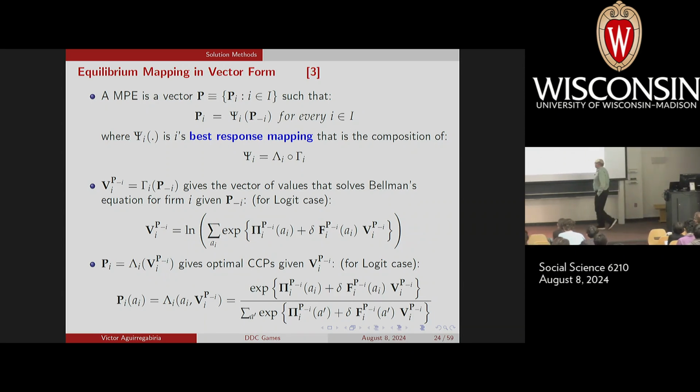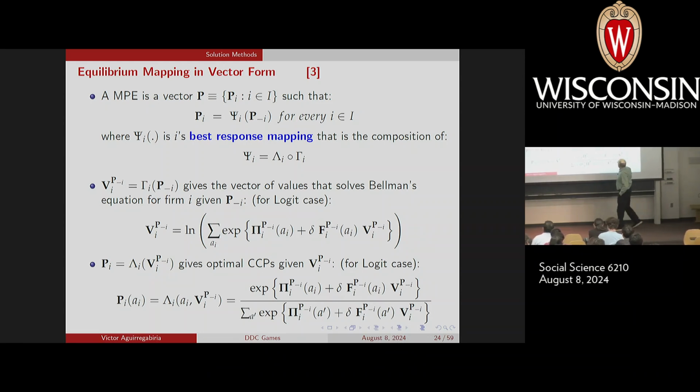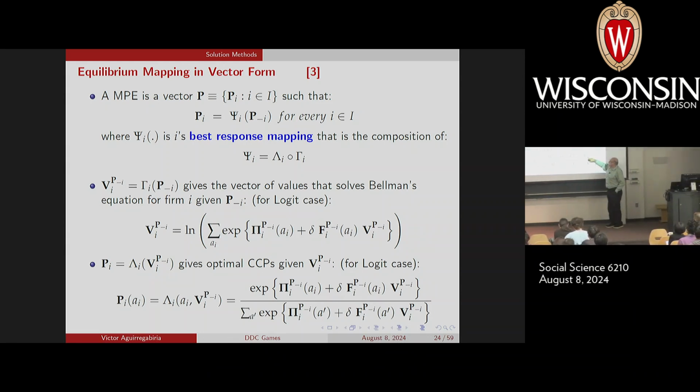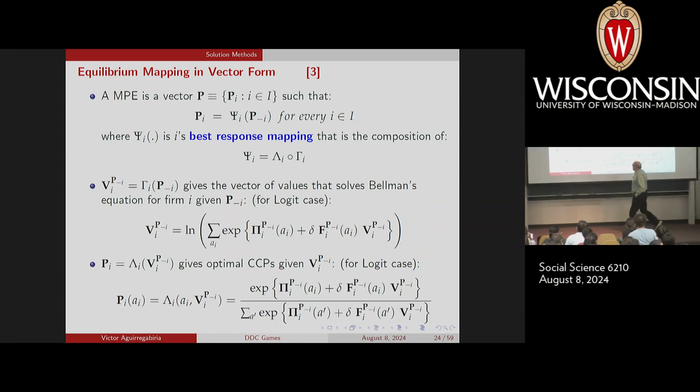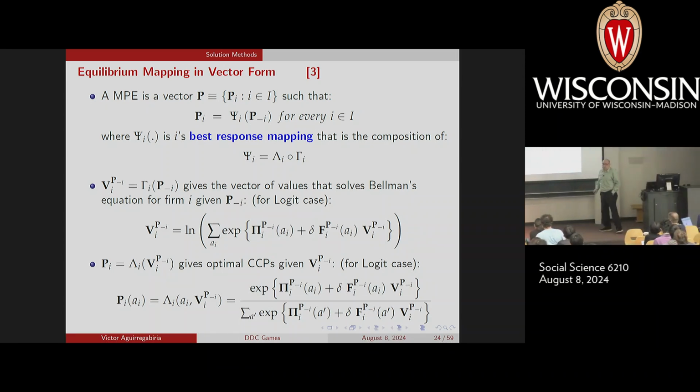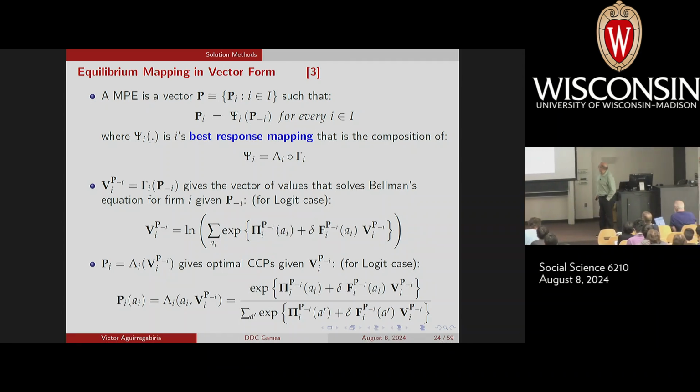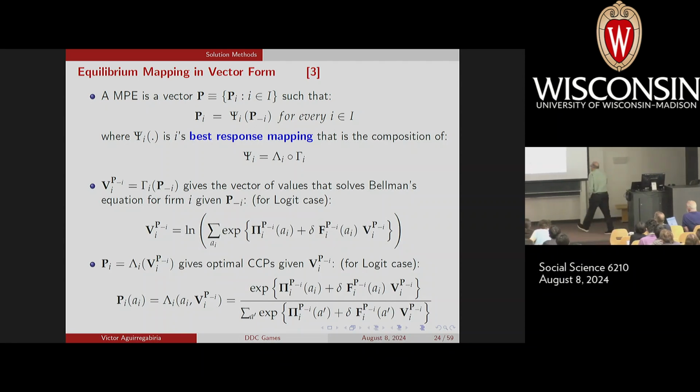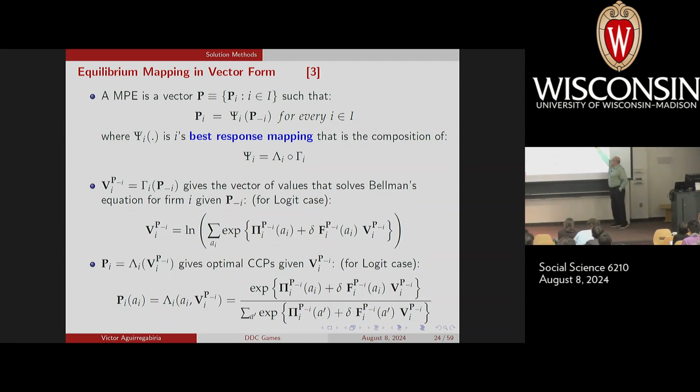Once we have this vector of values, we plug it in here, and we get new choice probabilities, and so on. It is very simple to implement. This particular fixed point algorithm always converges.